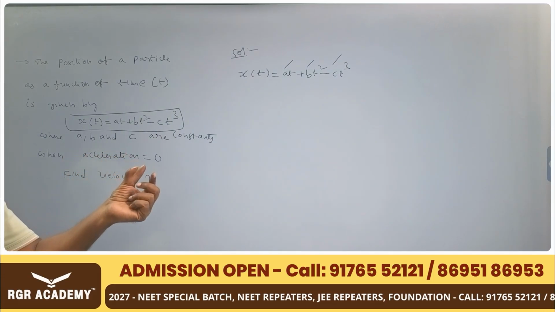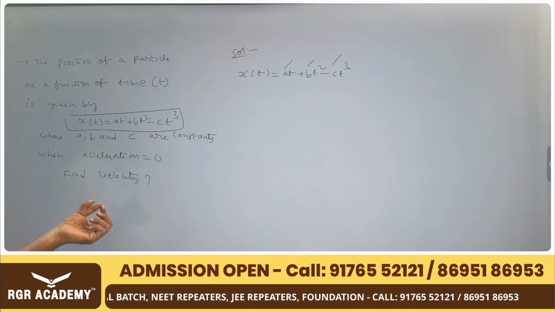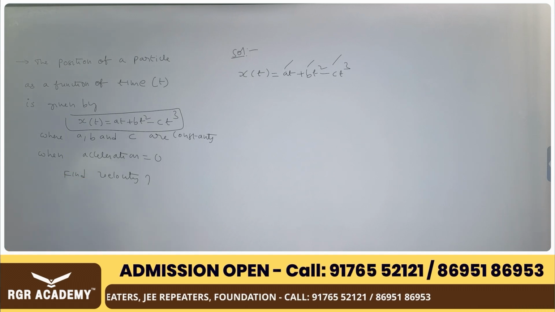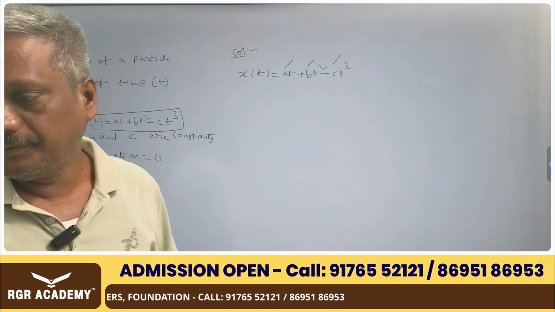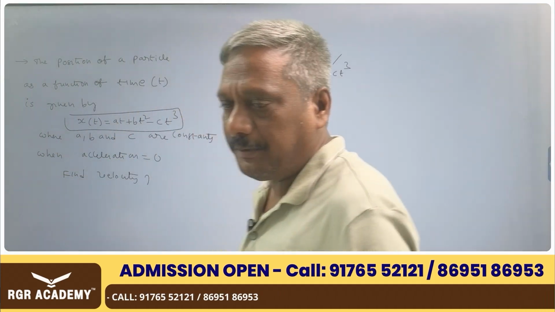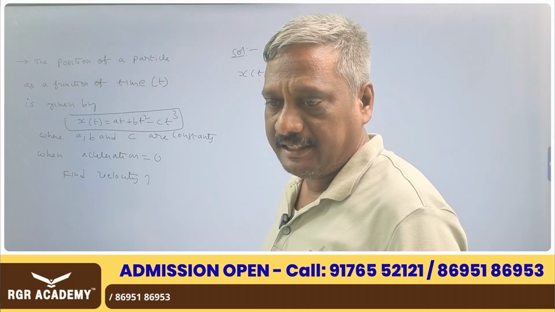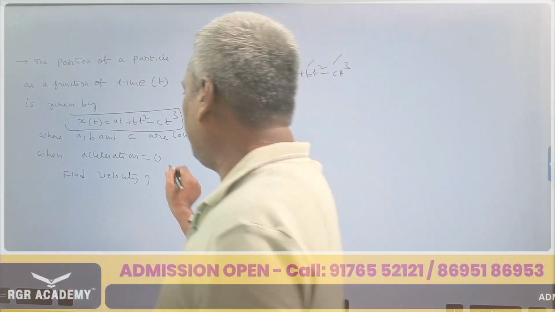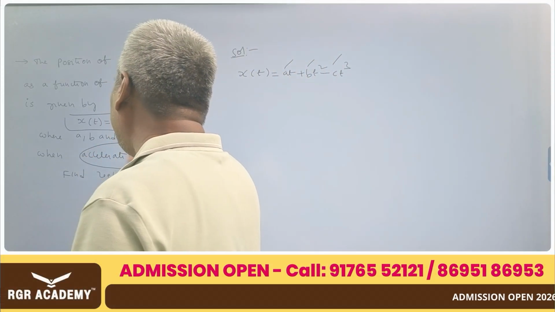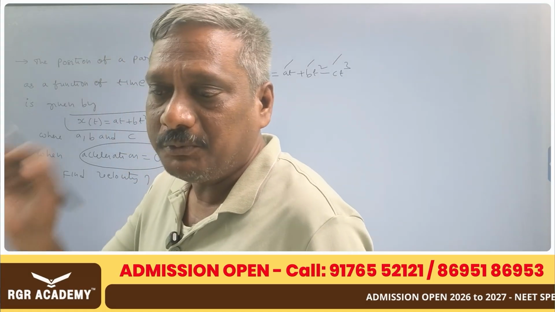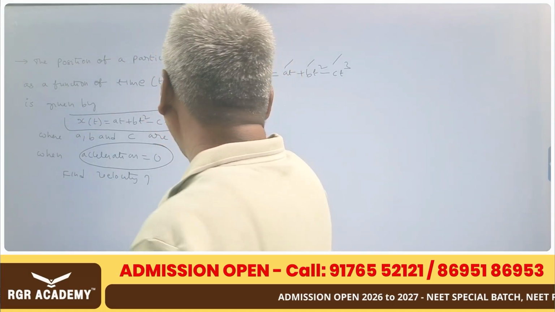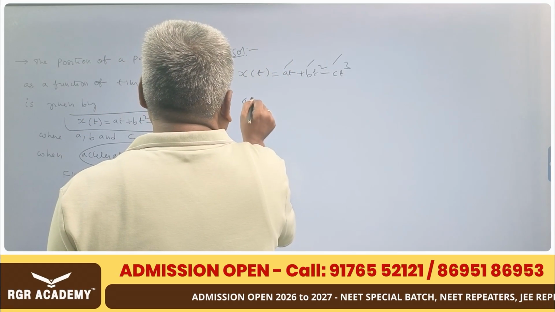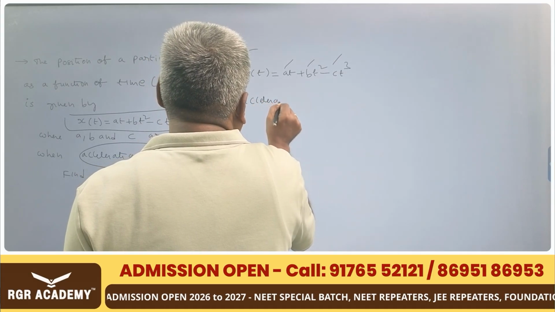When acceleration becomes 0, velocity becomes what? One condition is given in the problem. Try to understand that condition carefully.